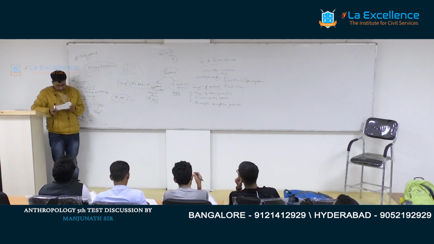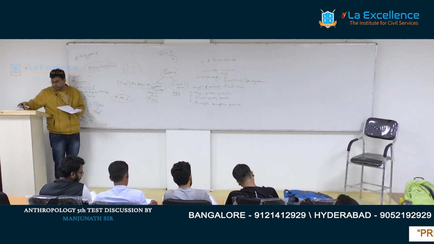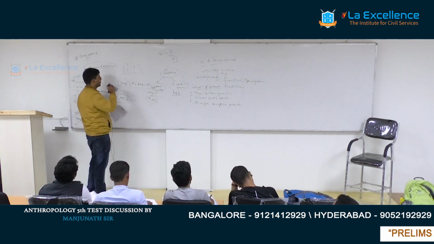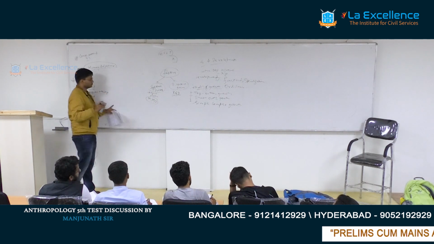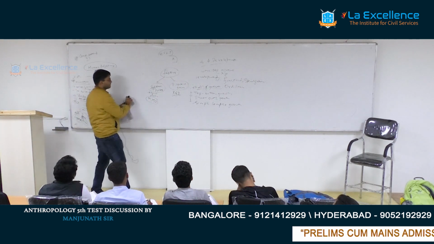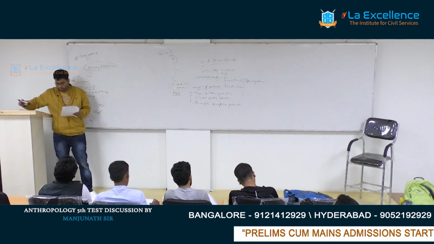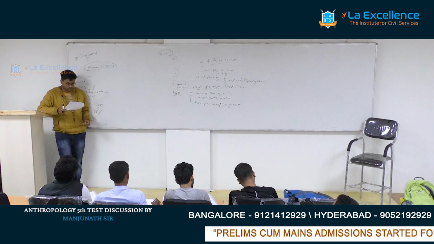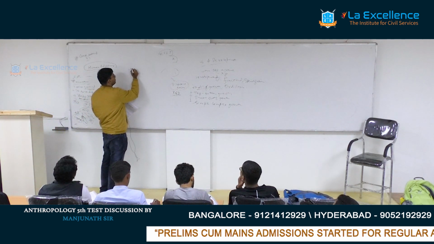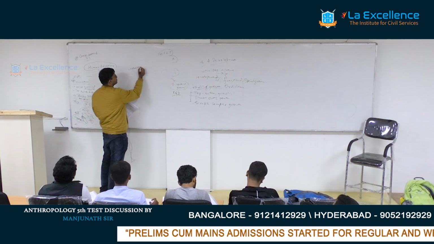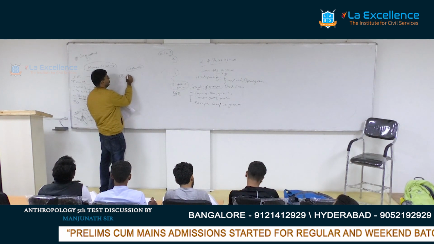Then discuss monogenic and polygenic inheritance in man with a suitable example. So we were talking about characters, let's assume height, tall or dwarf.